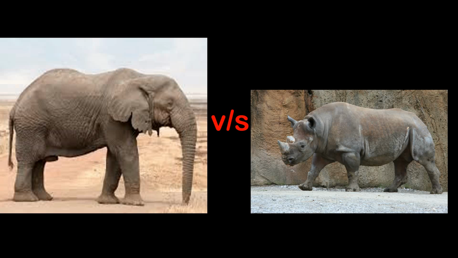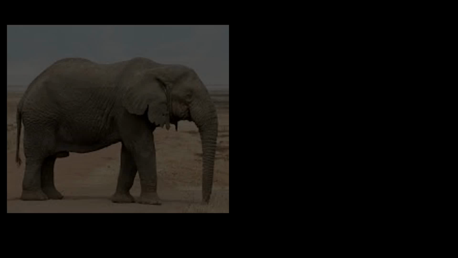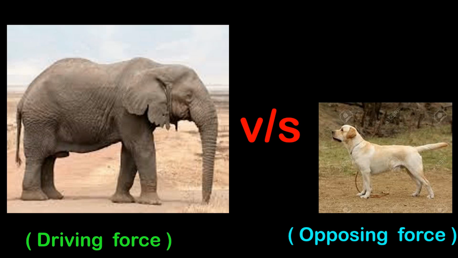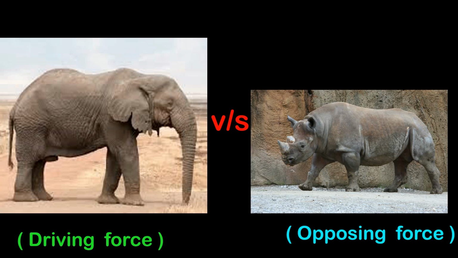Whereas in the case of a dog, the opposing force is less, and since the opposing force is less, therefore the difference between the driving force and opposing force is more, and hence the work done is less. Clear with this? I hope guys this is very simple, and if you are still confused, don't worry, we will understand it ahead. Now guys, let us apply the same logic in the concept of maximum work.